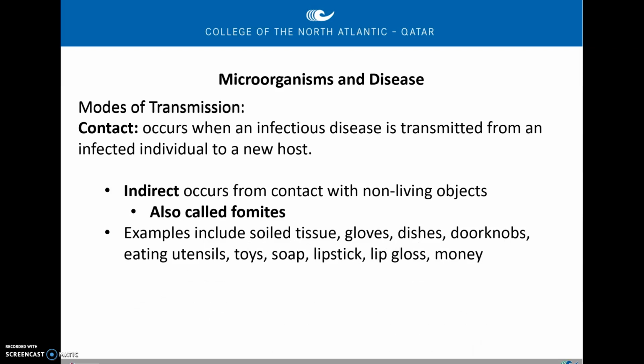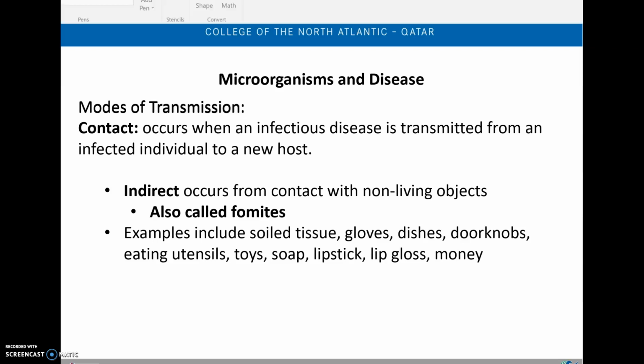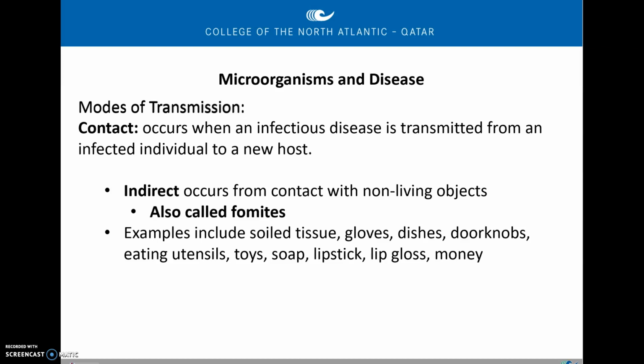Now, again, sticking with contact, we can have contact transmission through an indirect method. So this would be number 2 of our contact transmission, and this happens when you have contact with non-living objects. These non-living objects will have the virus or the pathogen on them, and we call these things fomites.